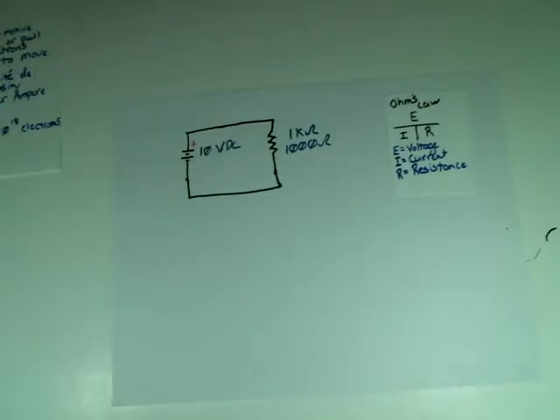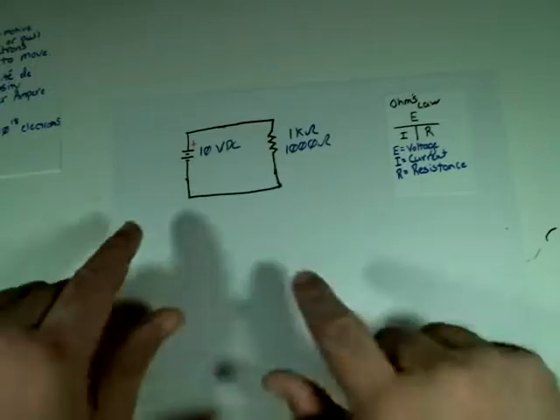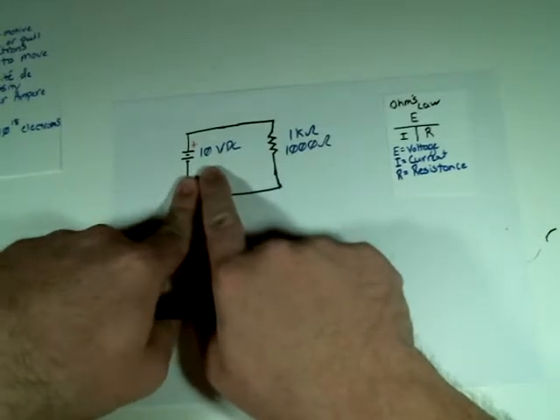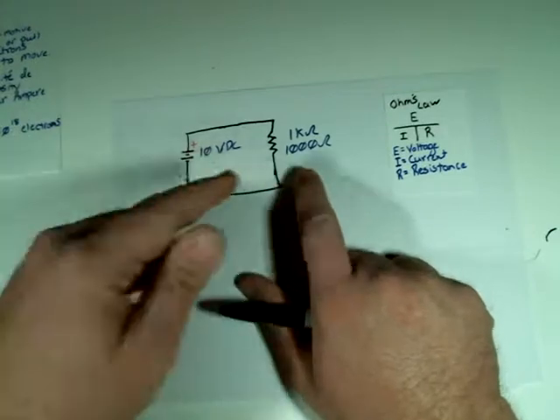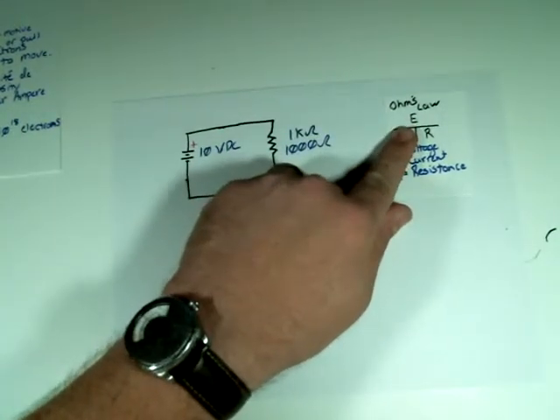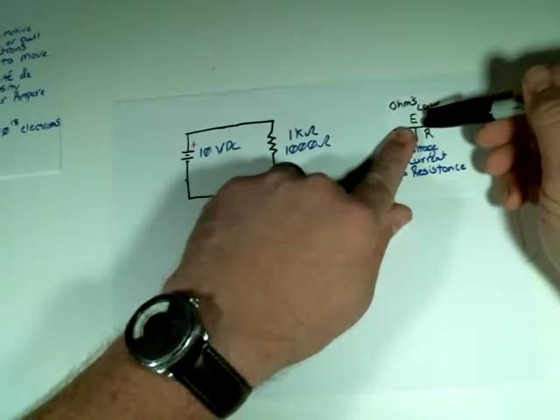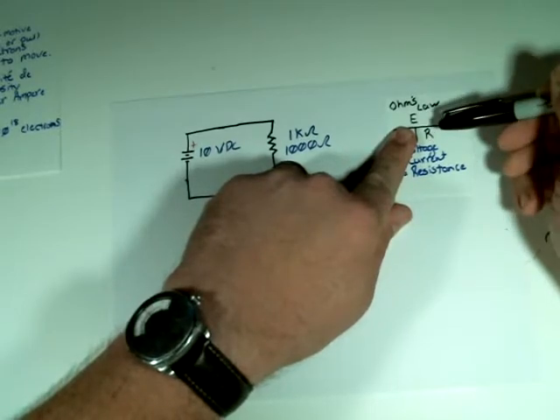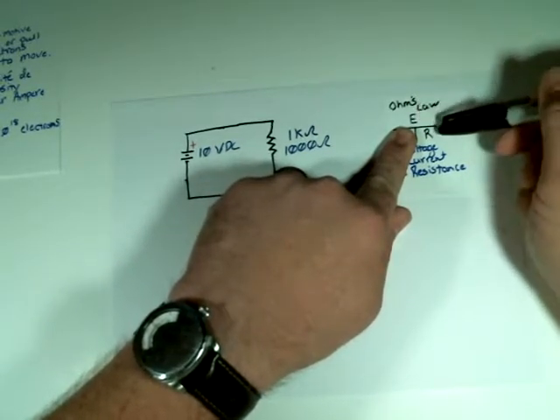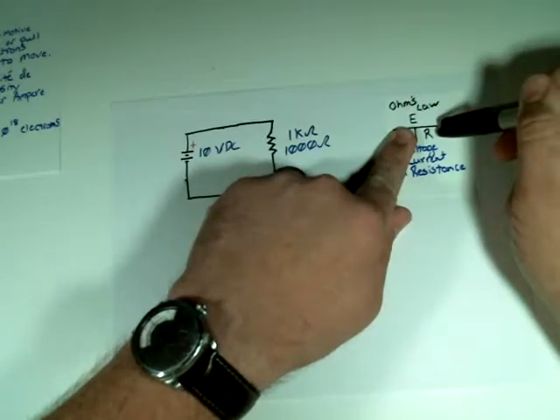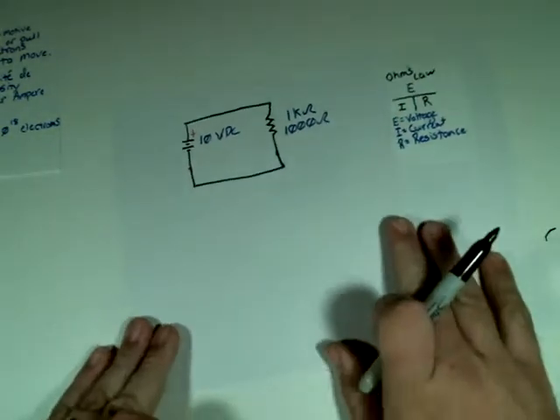So if you want to find one of the values, I want to find current. Okay, in this example, I have 10 volts being applied to 1,000 ohms, and I want to find the current. I cover up the I, I'm left with the E and the R. So I divide 10 by 1,000, okay?